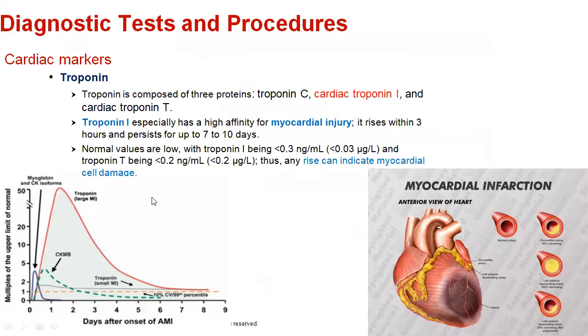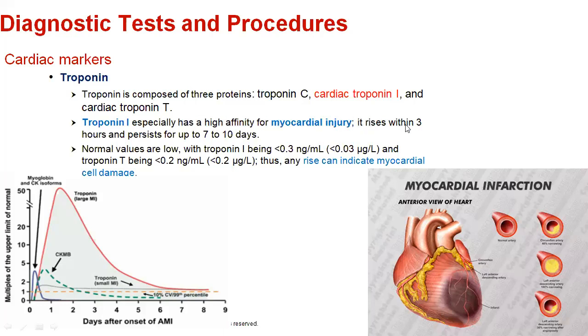So troponin I should be less than 0.03 nanogram per liter. Troponin I especially has a high affinity for cardiac injury.